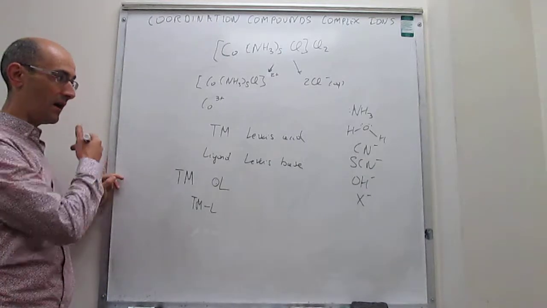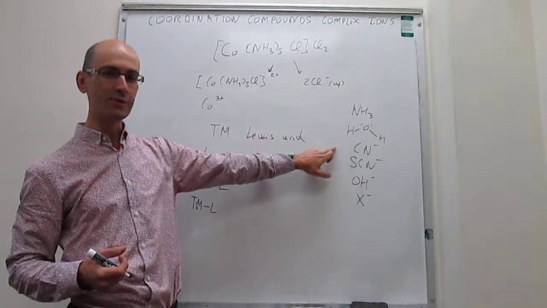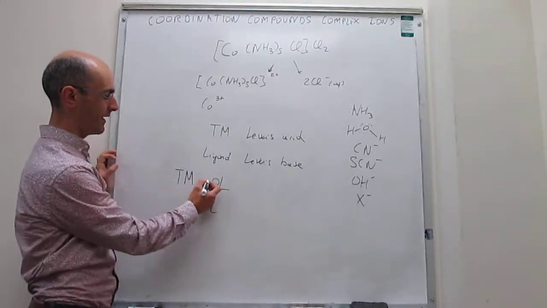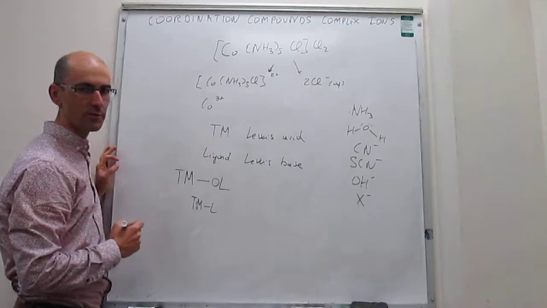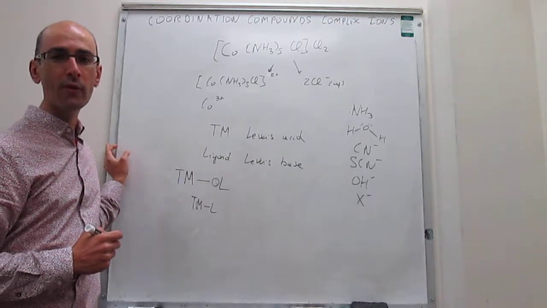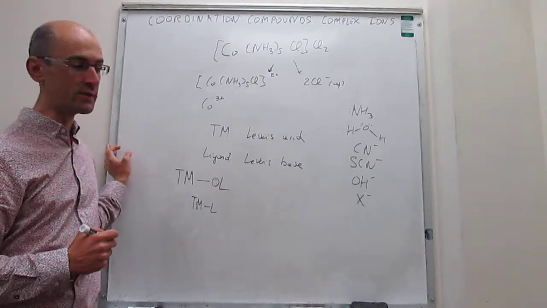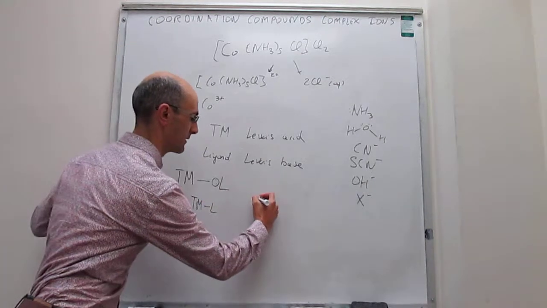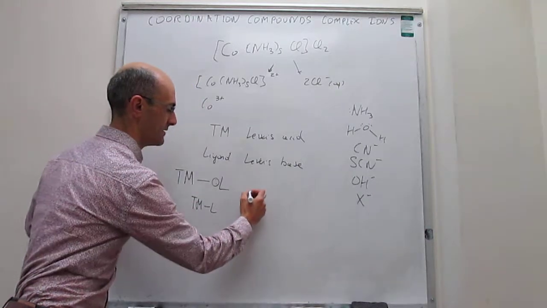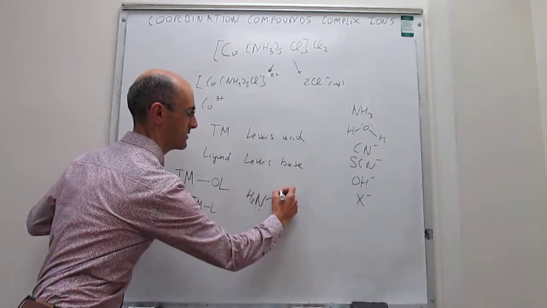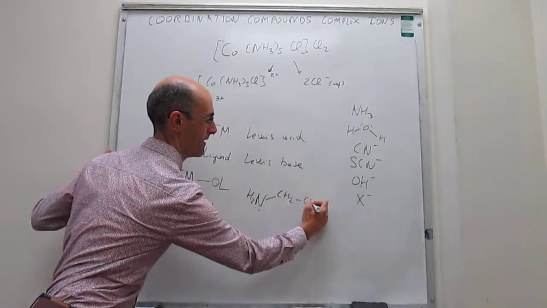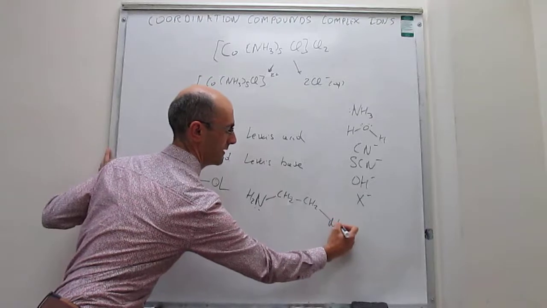Now these are all what we call monodentate ligands, in that they can only form one bond with the transition metal. But there are special cases of ligands that can form more than one bond for the same molecule with a transition metal. For example, take a look at this ligand, which is called ethylenediamine, NH2CH2CH2NH2.